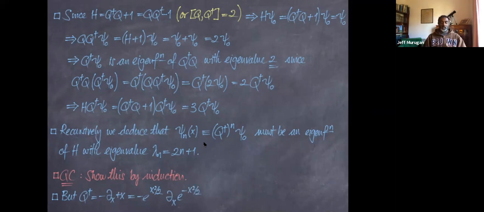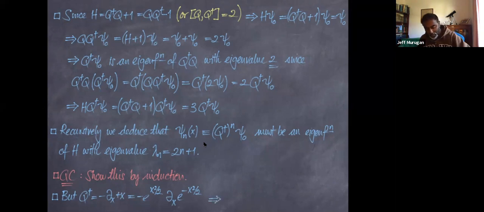So derivative of e to the minus x squared over 2 multiplied from the left with e to the x squared over 2 multiplied by a minus sign, and you can see that the two sides of this equation will be identical.